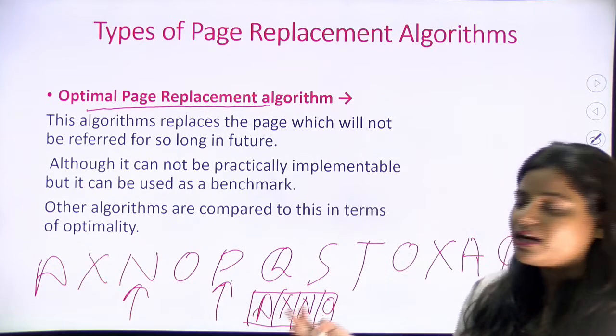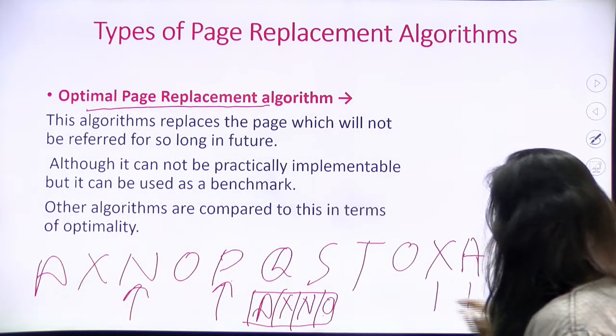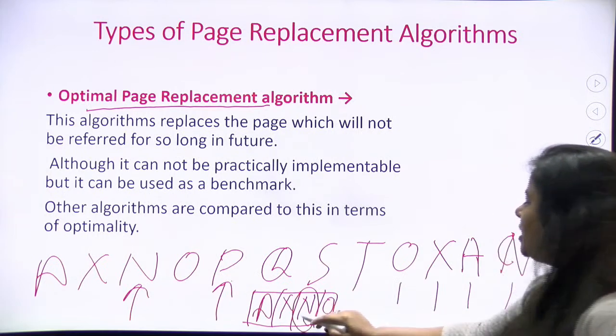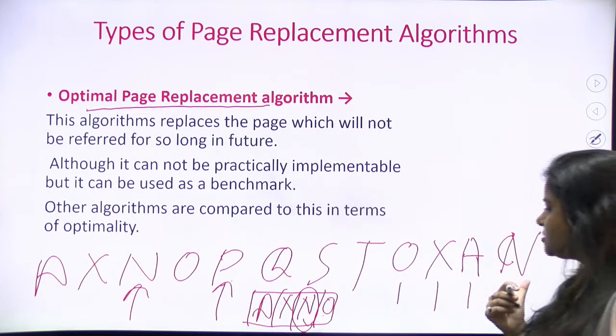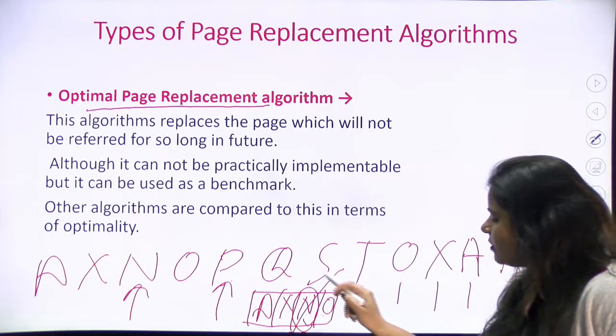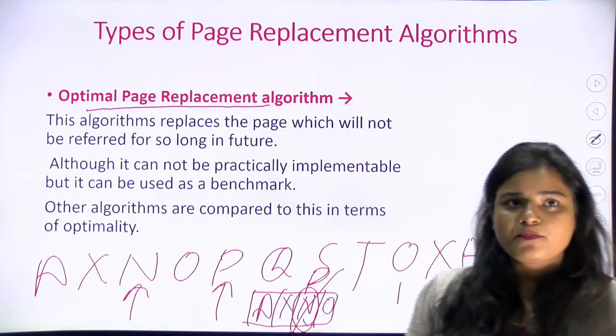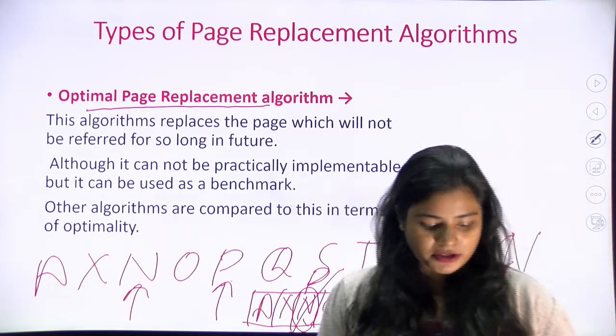I will replace that page. You can see here N is coming last inside this page sequence. I will replace N and put P inside this frame. So this is the concept of the optimal page replacement algorithm.